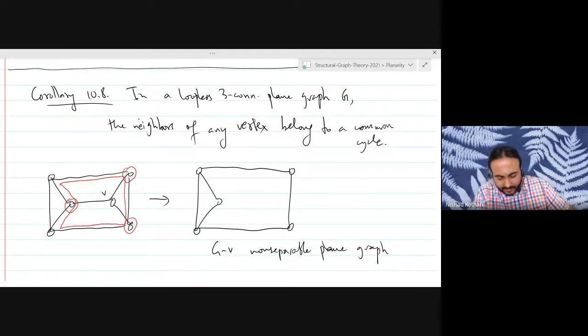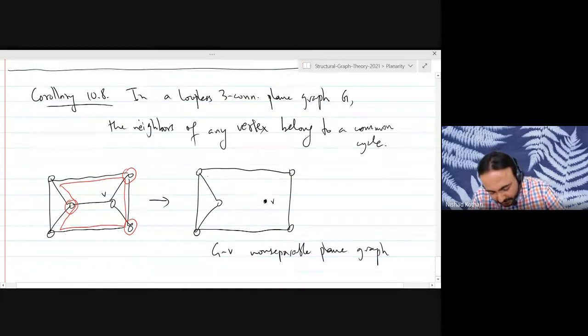Now, where is the vertex V? The vertex V is a point in the plane, right? So look at that point. It lies in some face. And where are all the neighbors of V? Well, they have to be on the boundary of this face, because your original graph was a plane graph, right? So you look at the boundary of this face, but that is a cycle by Whitney's theorem.